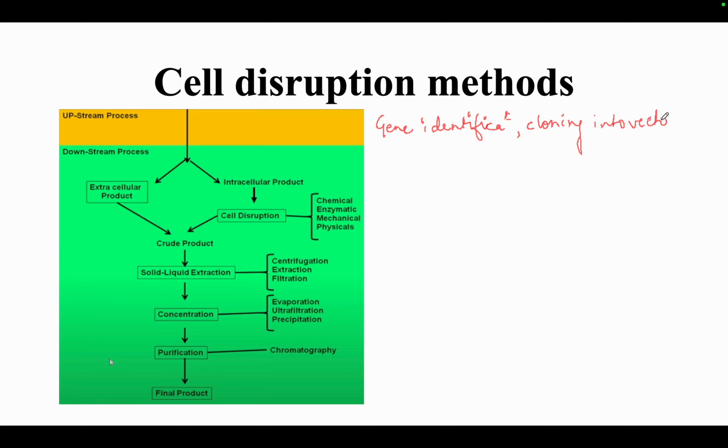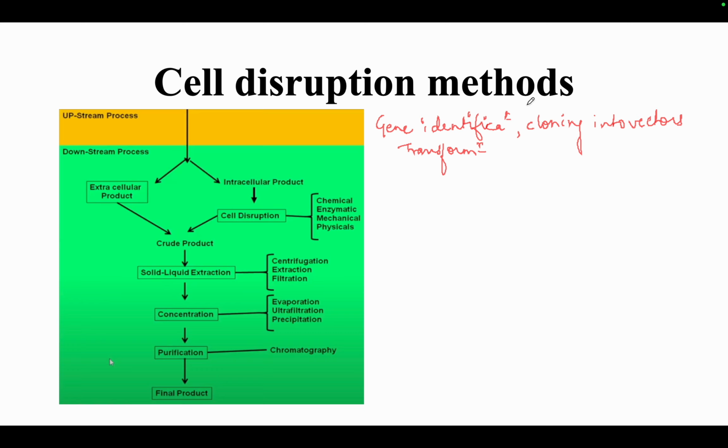We also studied different vectors and cloning procedures in different host cells, and after cloning it into suitable vectors, we also studied transformation, that is, transforming those vectors into the host cells.